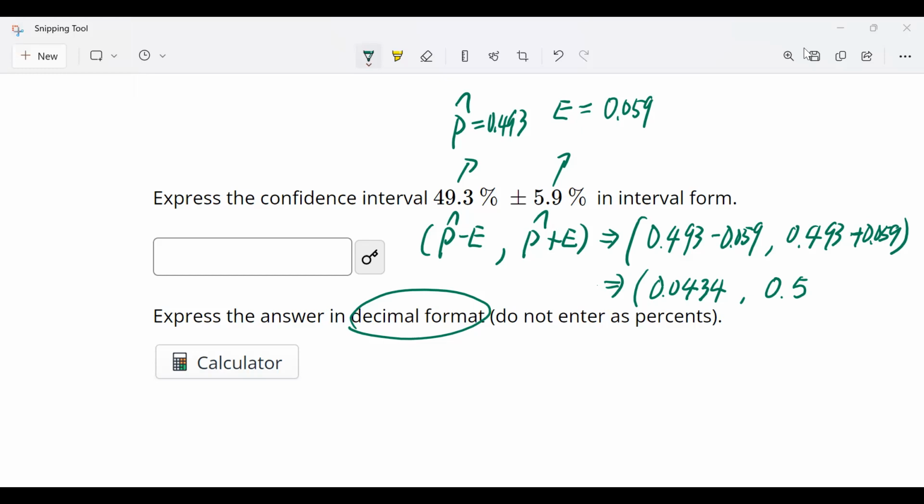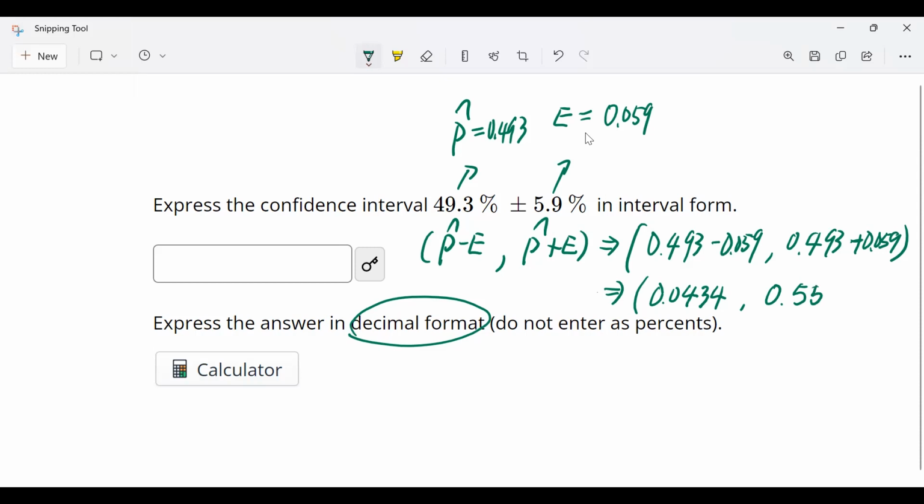So the answer you want to put in here is 0.434 and then 0.552.